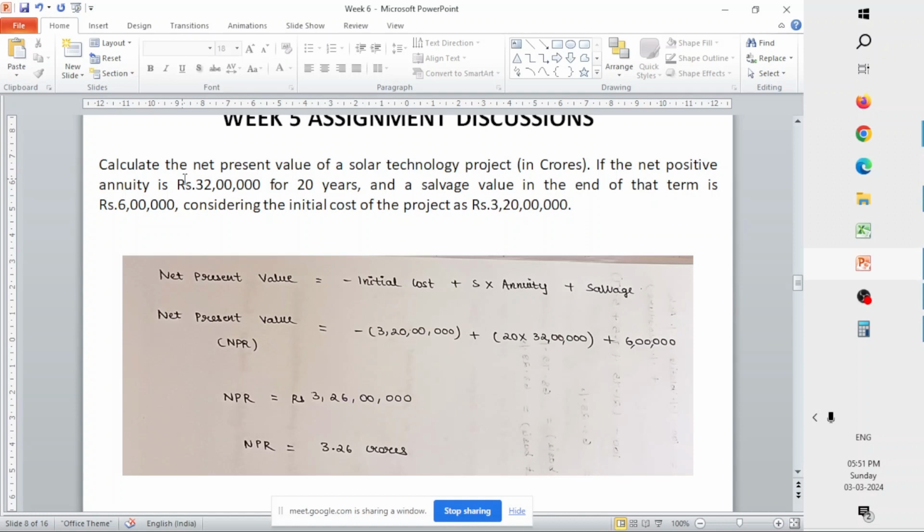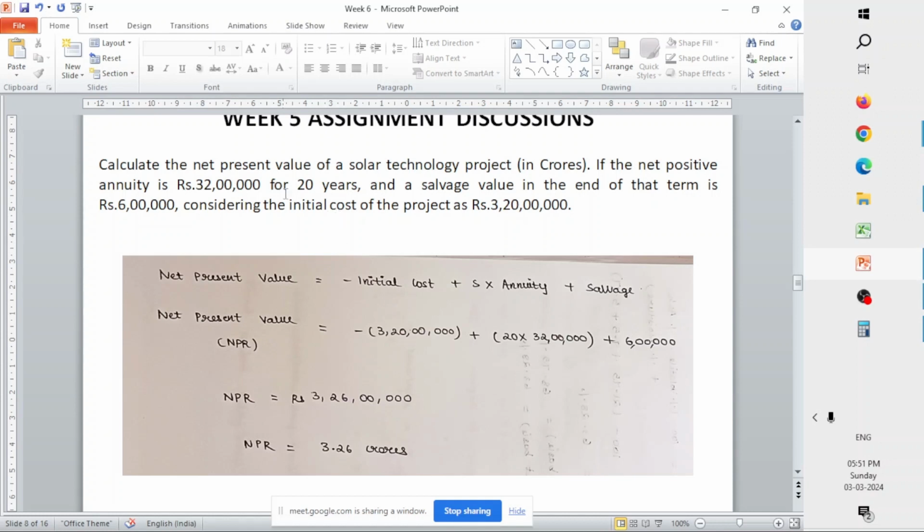Per year it is around 32 lakhs, like that you are going to do for 20 years, and your salvage value, that is some kind of a compensation, will be around 6 lakhs. And then the initial cost of setting up the solar technology project is 3 crore 20 lakhs.